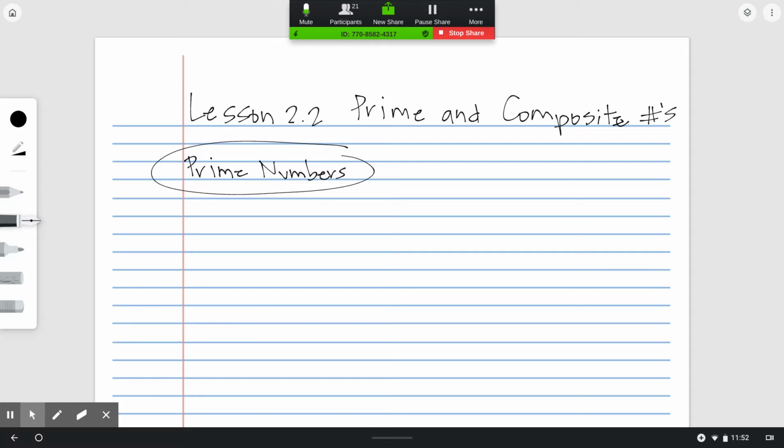Okay, and prime numbers are numbers that only have factors of 1 and itself.